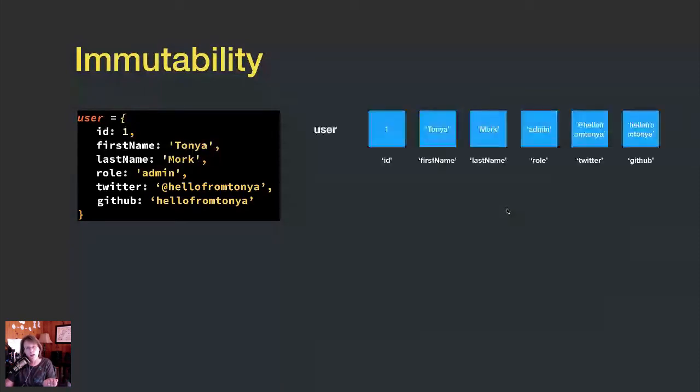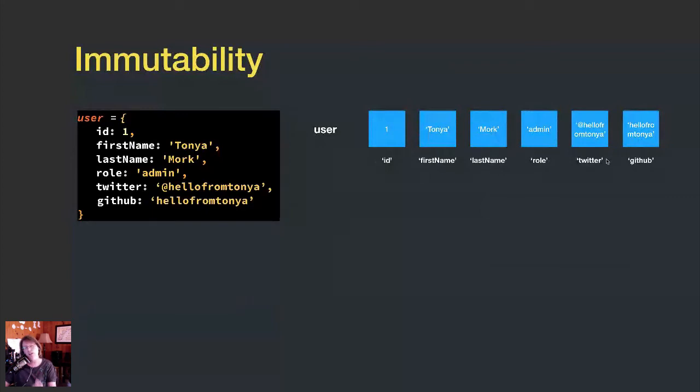So let's break them out like this. This is the user, and once this user is created, these nodes do not change in memory. Up here are our pieces of memory, our nodes holding a value, and then each is keyed by these properties.